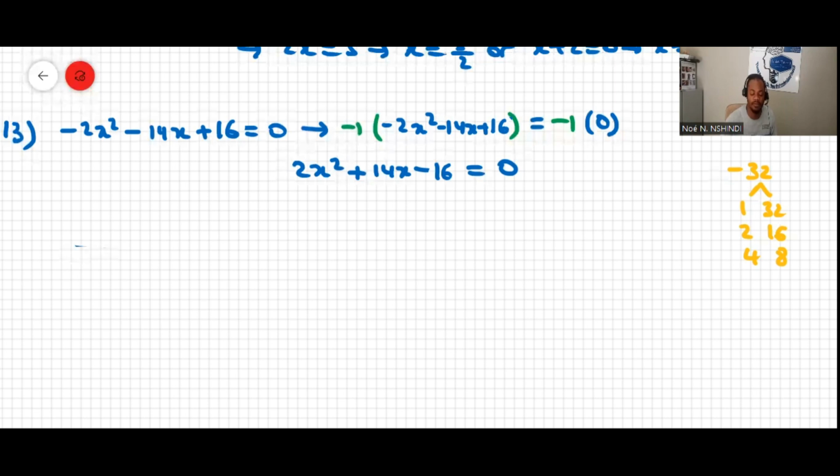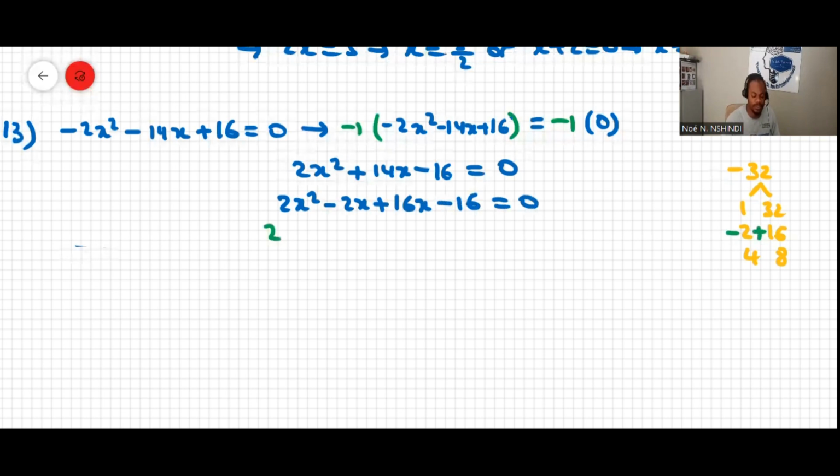With 2 and 16, yes, we can, if we have a negative 2 and positive 16, because negative 2 plus 16 makes positive 14. Then we can extend this: 2x squared minus 2x plus 16x minus 16 equals 0.